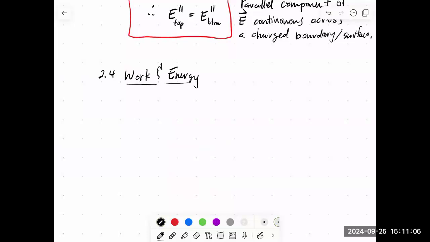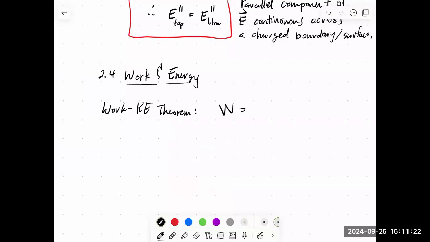I'm going to start with the work-kinetic energy theorem. Who remembers what the work-kinetic energy theorem is? Yeah, that's right.